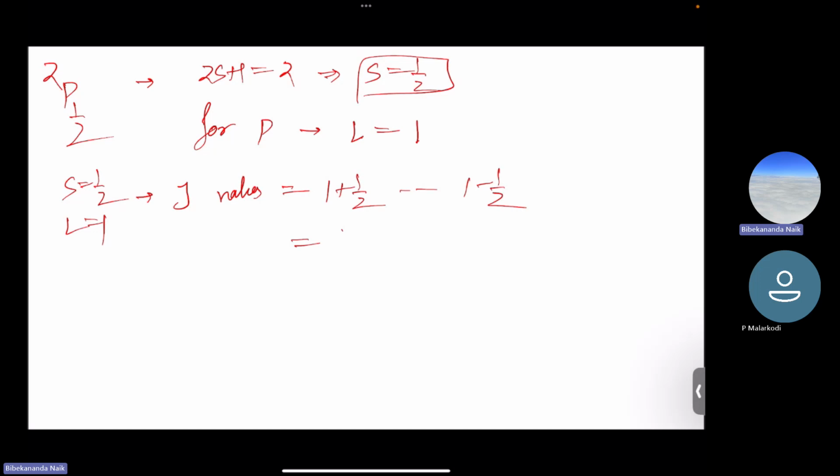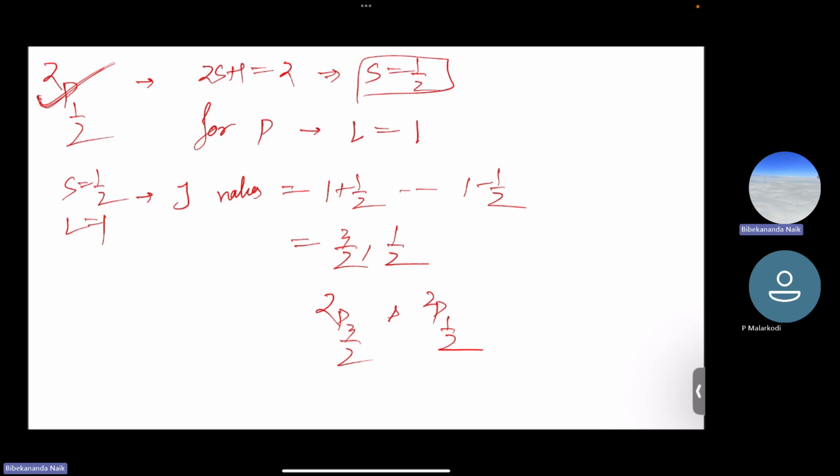So 1 plus half is 3 by 2, 1 minus half is half. There are no other values in between. So possible values are 2P 3 by 2 and 2P half. Since 2P half is here, this is also written correctly.